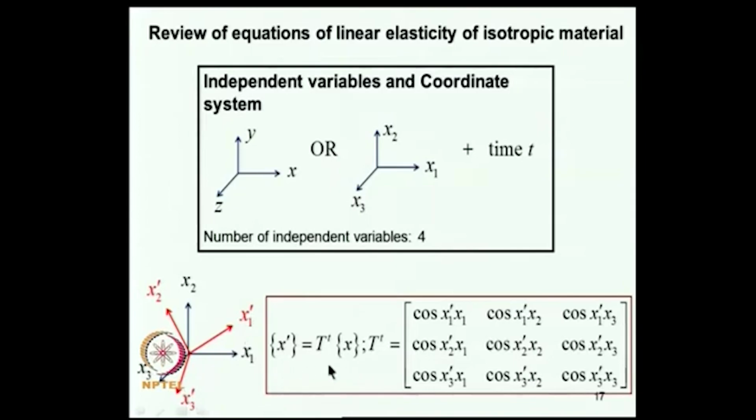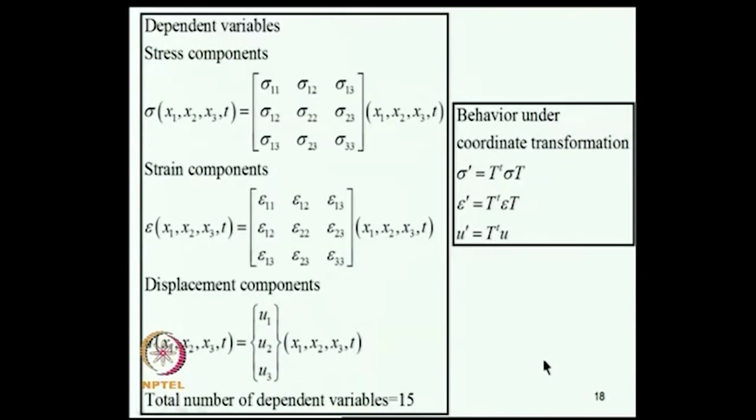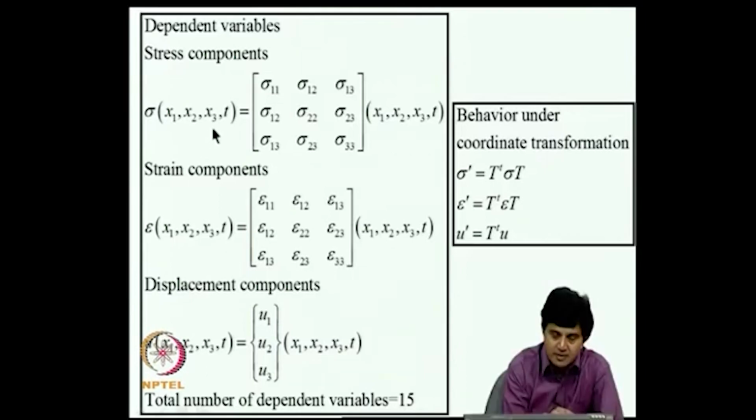The coordinate transformation matrix for a position vector is given by this well known transformation matrix. This is an orthogonal matrix, we will be using some of this quite often. What are the dependent variables in an elasticity problem? The state of stress at a point is given by the stress matrix which is a 3 by 3 symmetric matrix, and each component will be a function of x1, x2, x3 and time t.